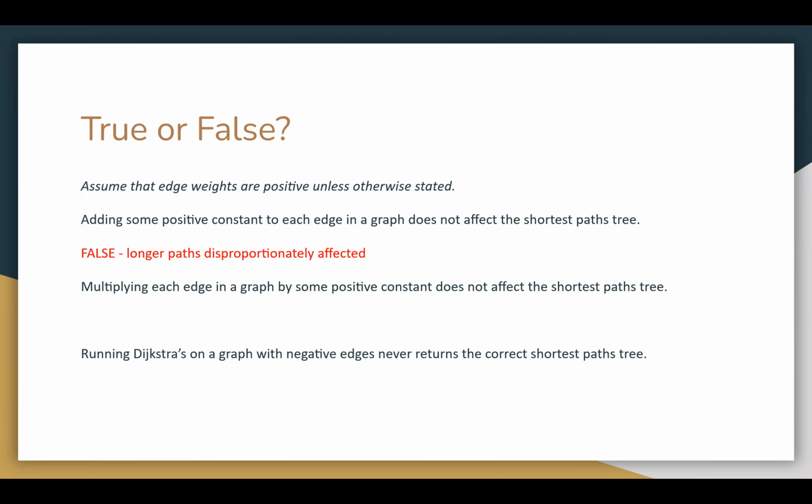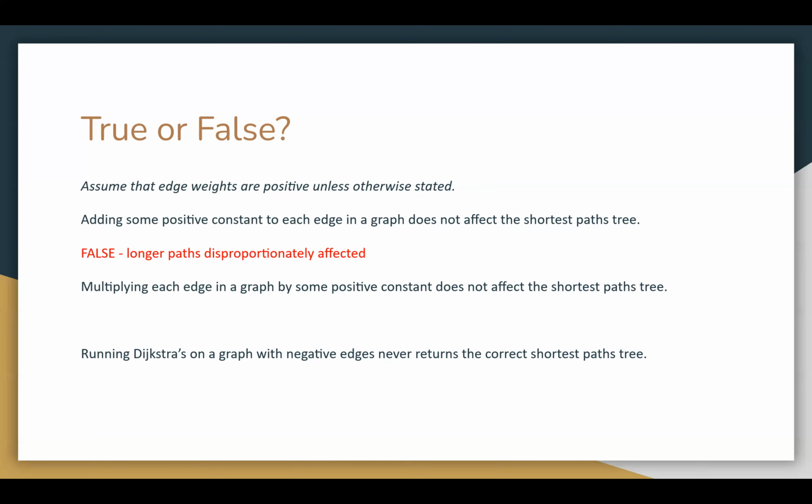One of the paths through our graph has 2 edges in it, and the other path has 1 edge in it. And now let's add our positive constant, let's say 2, to each edge. We'll see that the path containing 2 edges will have its total weight updated by 4, whereas the path with only 1 edge will only have its total weight updated by 2.